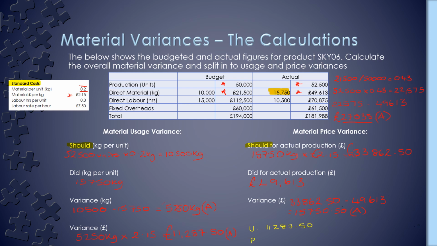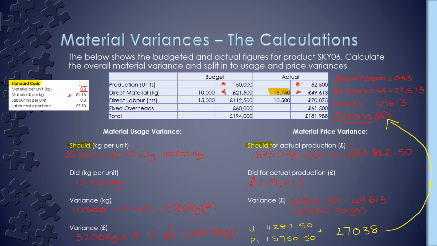We've got our price variance of £15,750. And when you add those together, that equals £27,038, which brings us right back to our overall material variance.